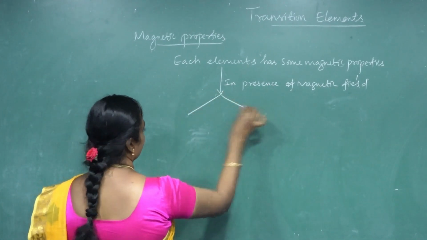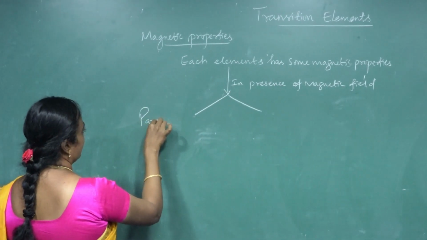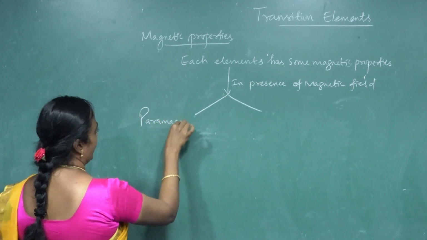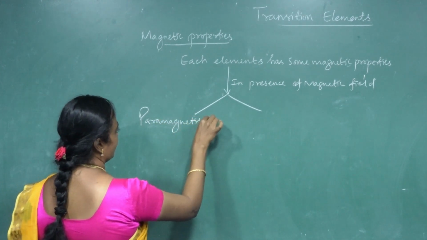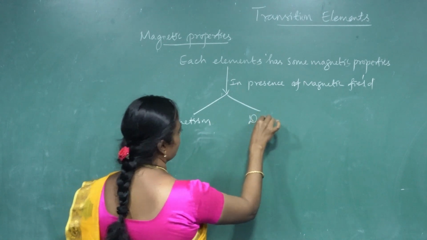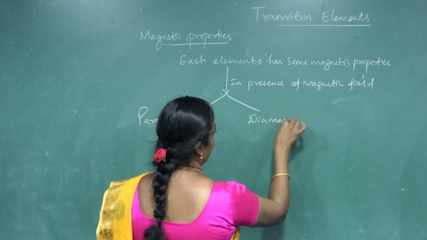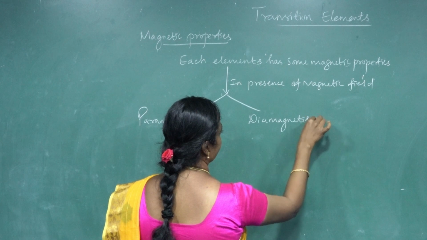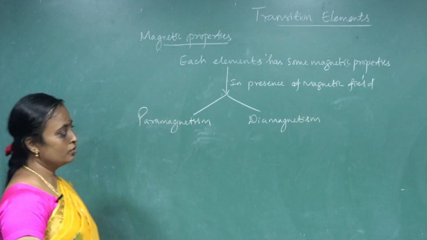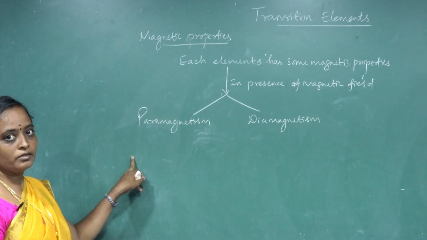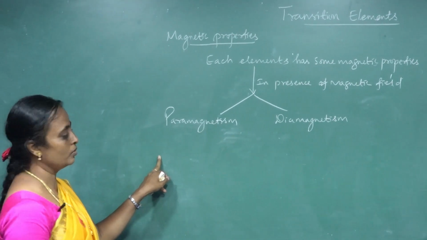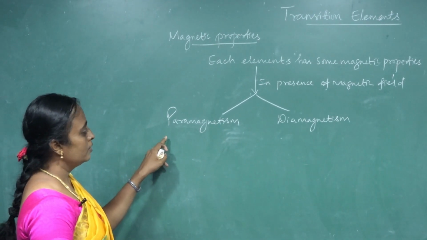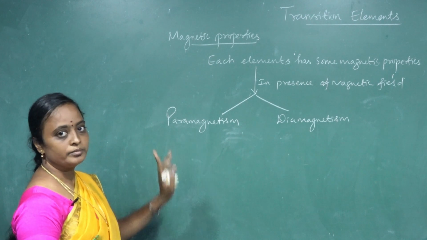One is paramagnetism and the second one is diamagnetism. In addition to that, we are going to discuss ferromagnetism also. So first, what is paramagnetism?